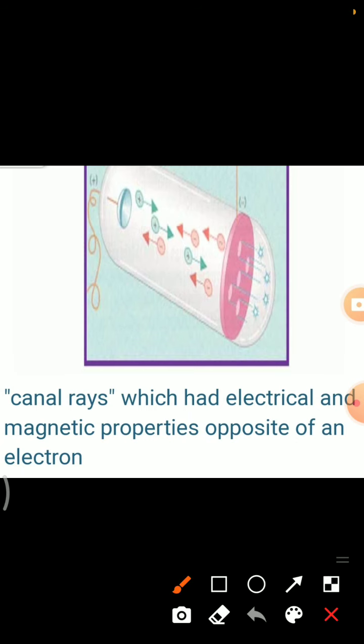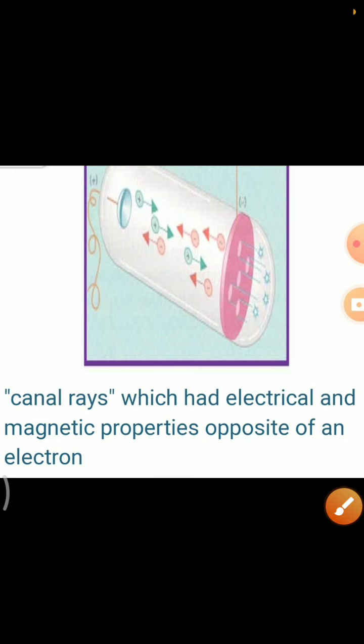Now there was a new scientist, Goldstein, whom we know as E. Goldstein, a German physicist. Now, canal rays. This is a very important topic. Students, canal rays had electrical and magnetic properties opposite to those of an electron.